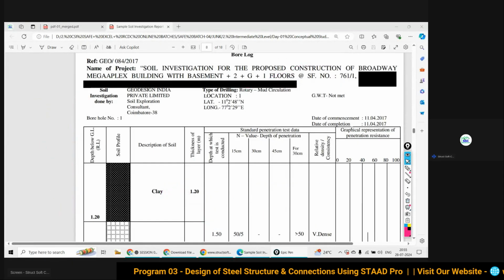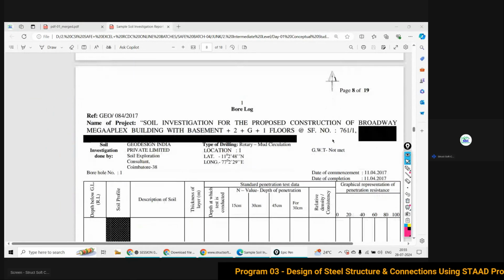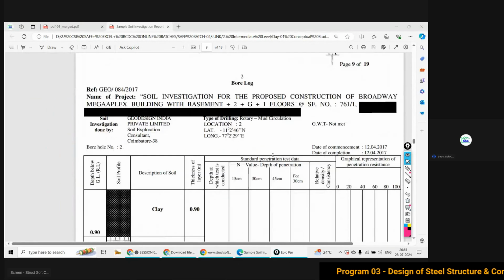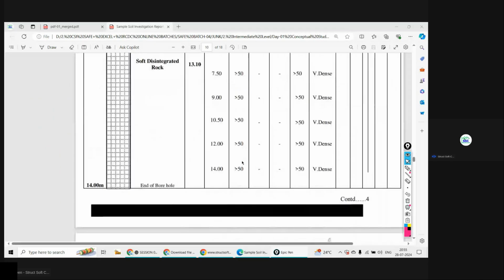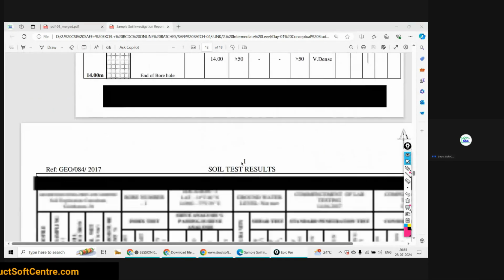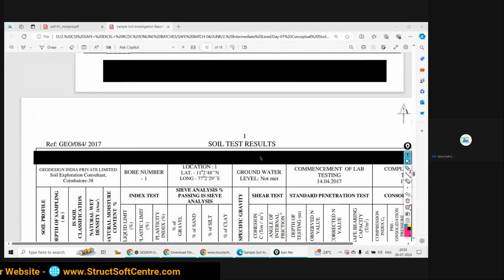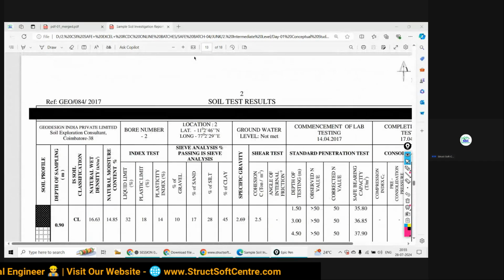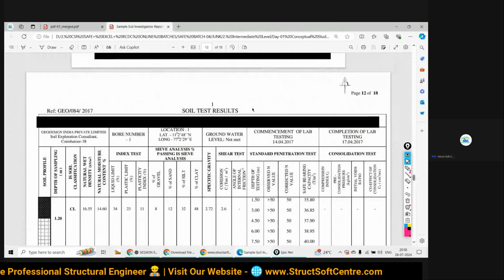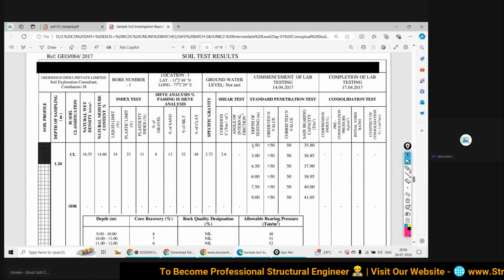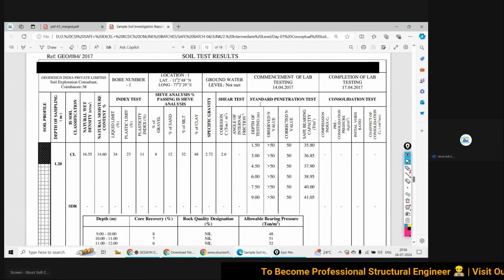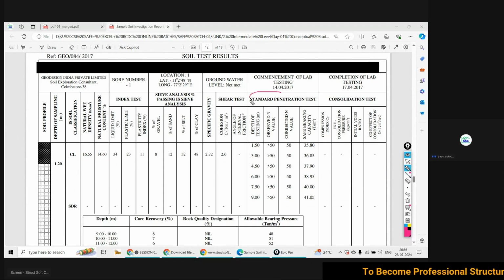Now this is the report, from page 12 onwards they have recommended. Let me show you. Yes, here: the standard penetration test.